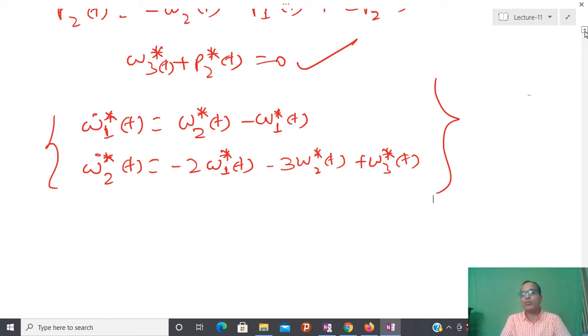So let us try to conclude this lecture. In this lecture, I have extended the constraint minimization of a function, which we learned in the previous class, to constraint minimization of a functional.